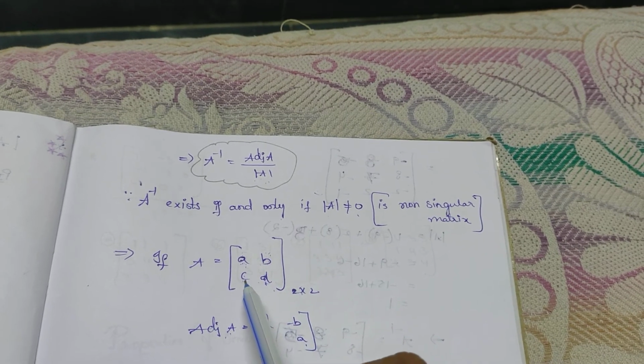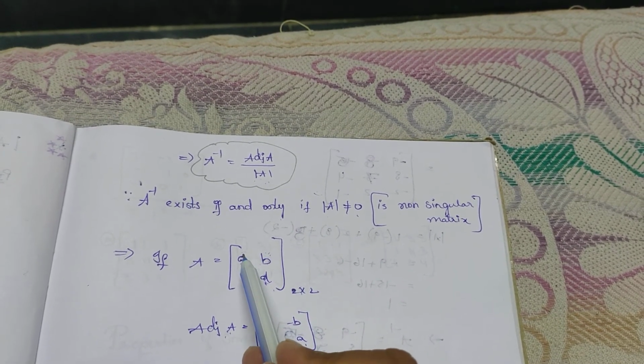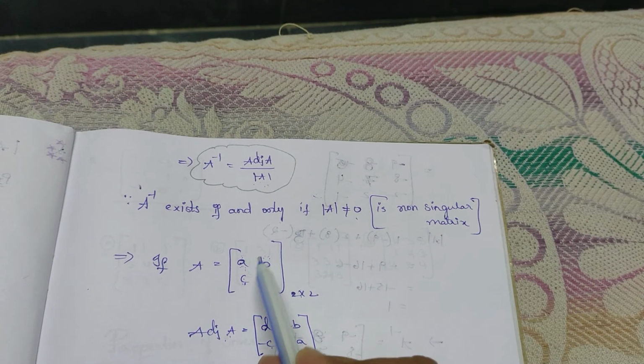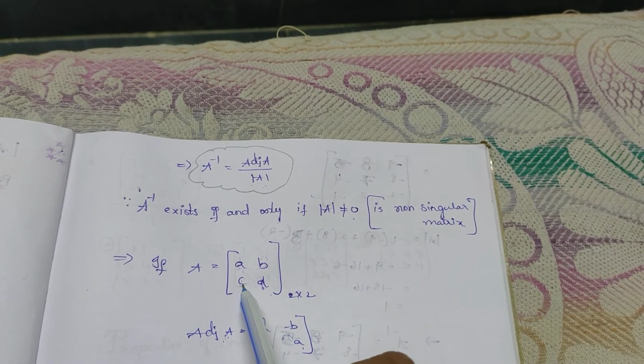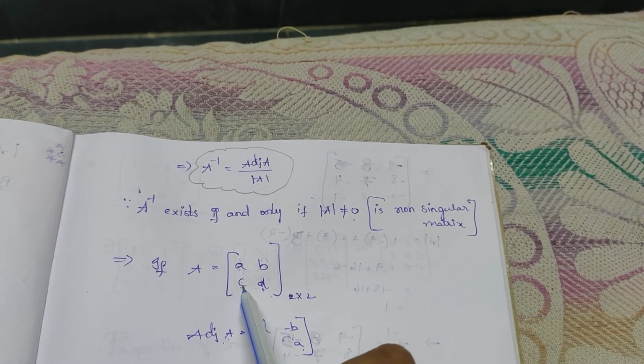Next, cofactor of C: here it is plus minus, so this is the 2 1 position, it is also minus.